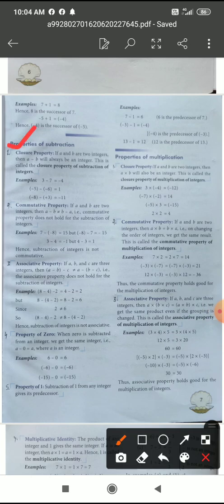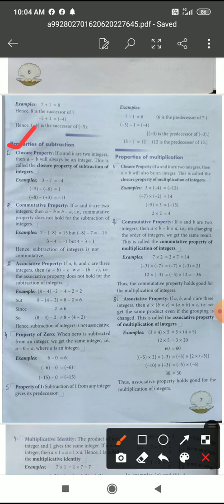Closure property. If a and b are two integers, then a minus b will always be an integer. For example, 3 minus 7 equal to minus 4, minus 5 minus (minus 6) equal to 1. Here minus 4 and 1 are integers, and this property is known as closure property.